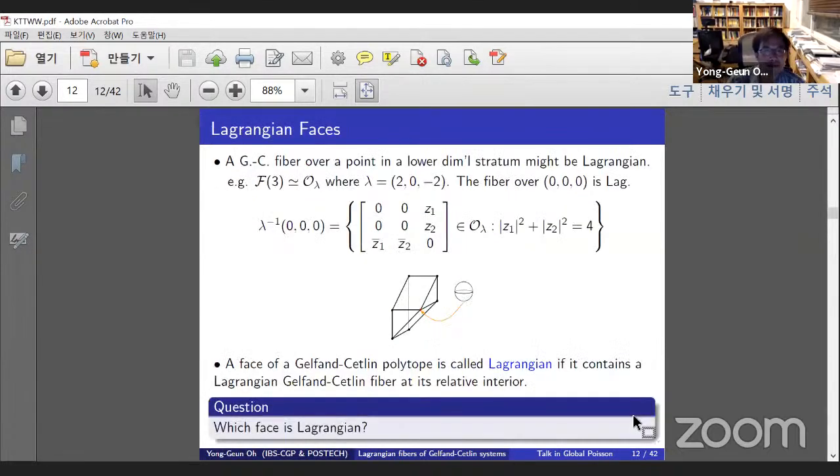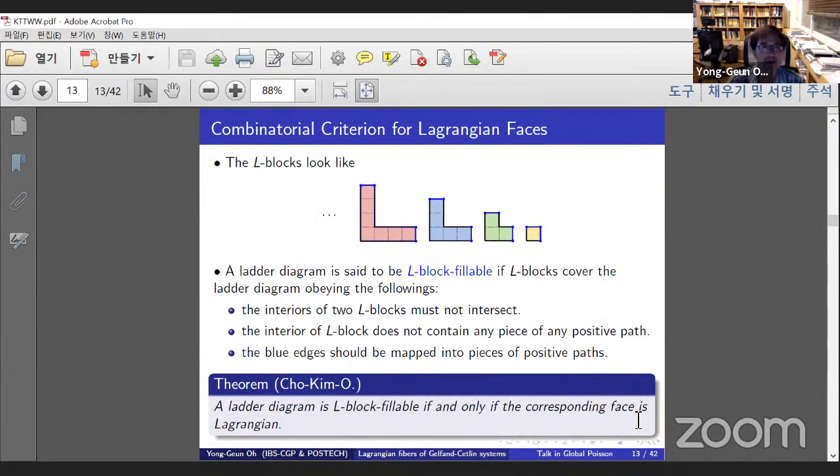Let's talk about which faces are Lagrangian for the Gelfand-Cetlin system. There is a nice combinatorial criterion for the Lagrangian faces. To explain this, let me introduce the notion of L blocks. A ladder diagram is said to be L block fillable if L blocks cover the ladder diagram, obeying the following properties.